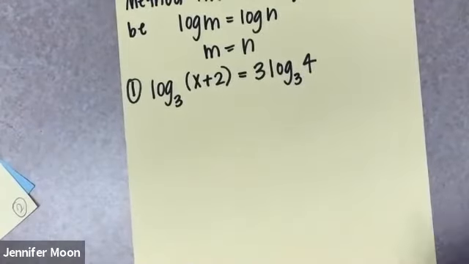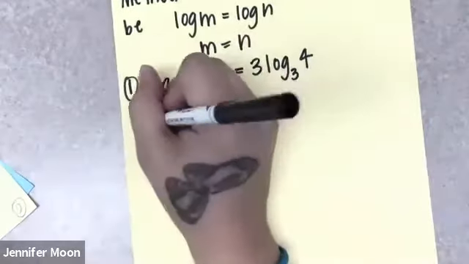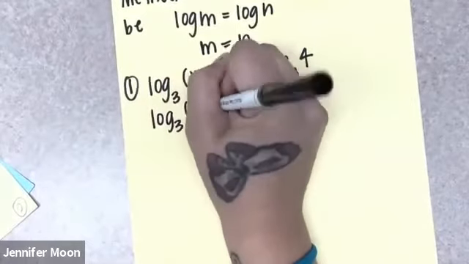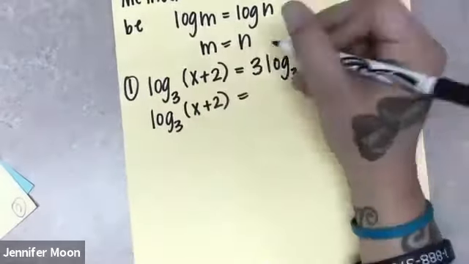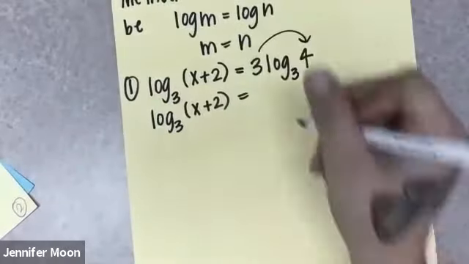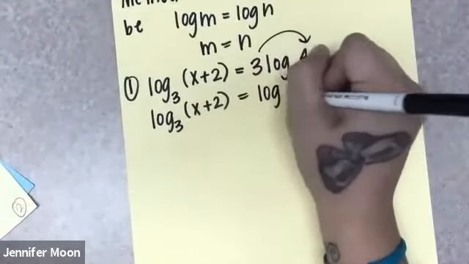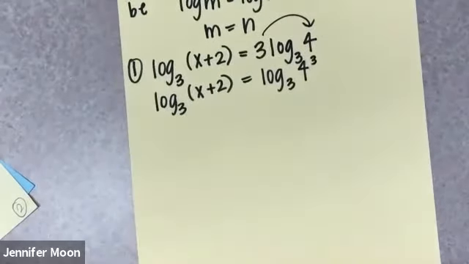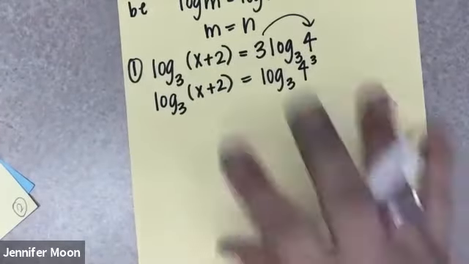So what I want to do is go ahead and make that coefficient an exponent. And then now let me look at it again. Over here, I don't really have anything, so I'm not changing it. I just have log base 3 of x plus 2 equals, this becomes an exponent right here. I get log base 3 of 4 cubed. Kind of getting a little cluttered there since I'm using marker, but that's what I have.